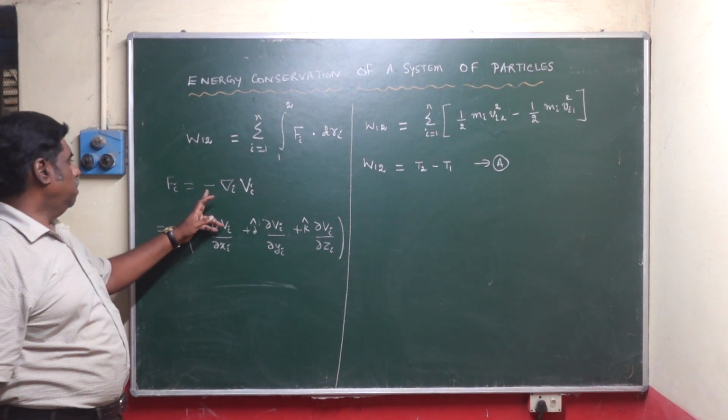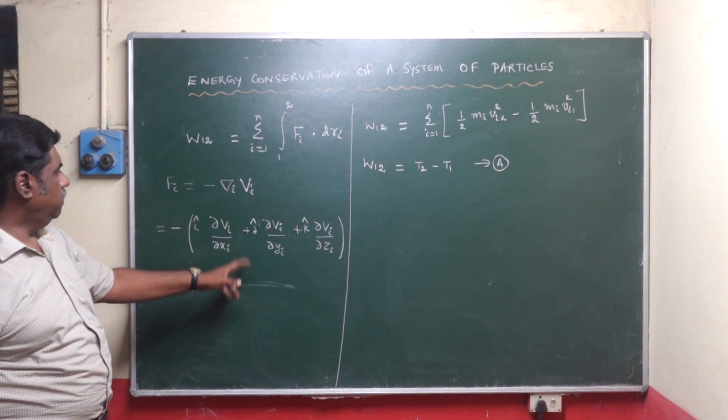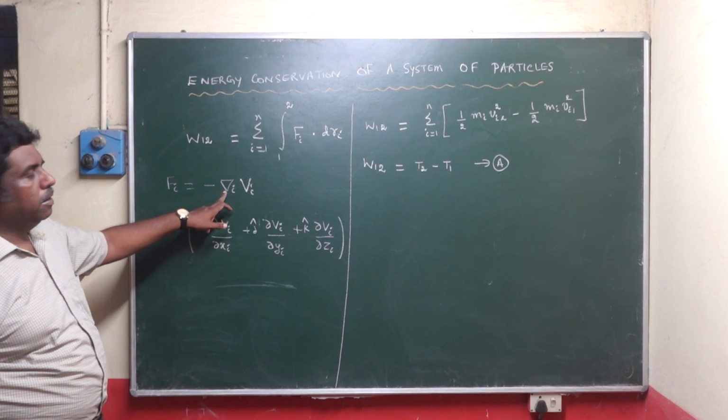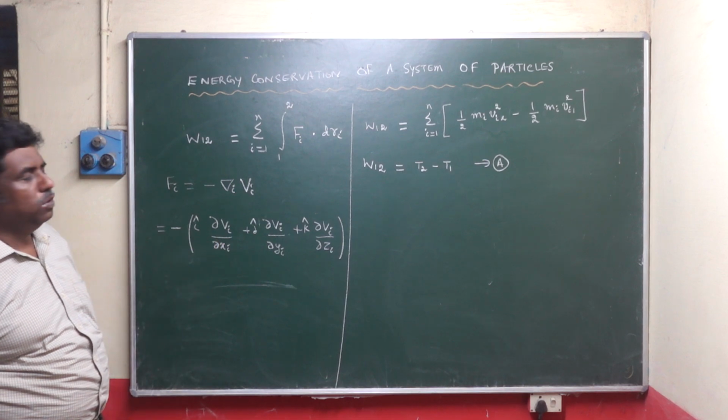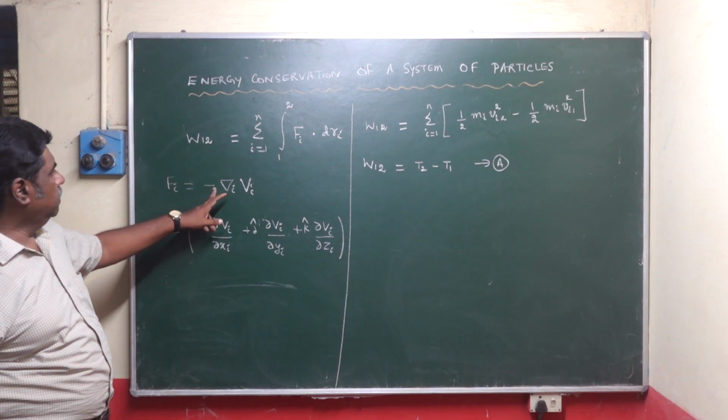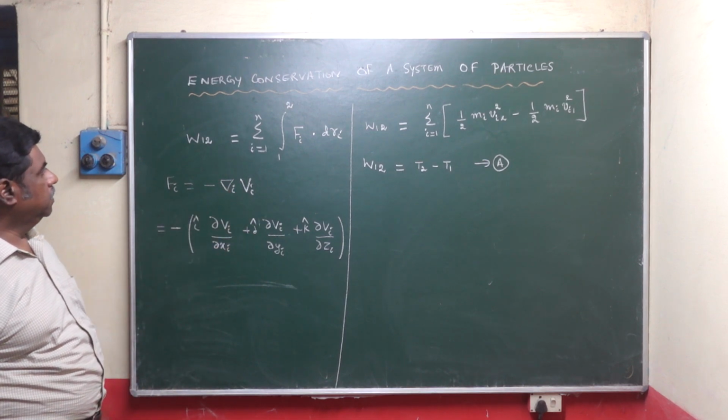This is the value of minus grad i Vi. The gradient operator in general is i ∂/∂x plus j ∂/∂y plus k ∂/∂z. So minus grad i Vi is this much.